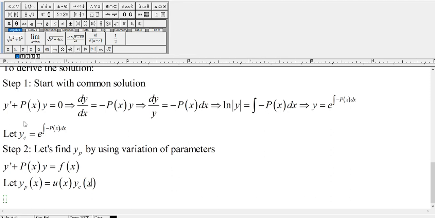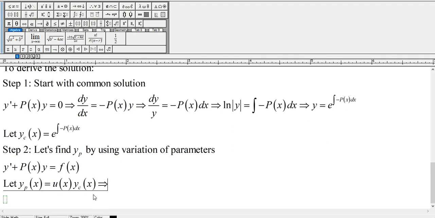Yes, we should write that there. Okay, now that we have that, we're in pretty good shape. We're going to use variation of parameters, so I can make a y value by multiplying by a new function. We don't know what u of x is yet, but we know what y common is.